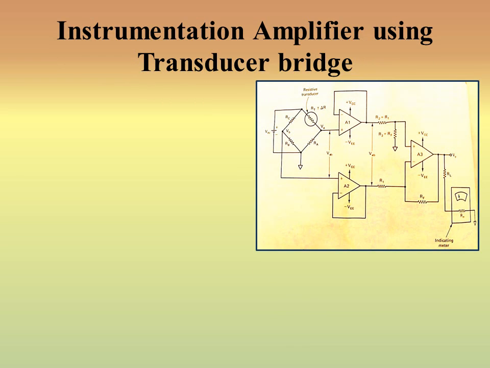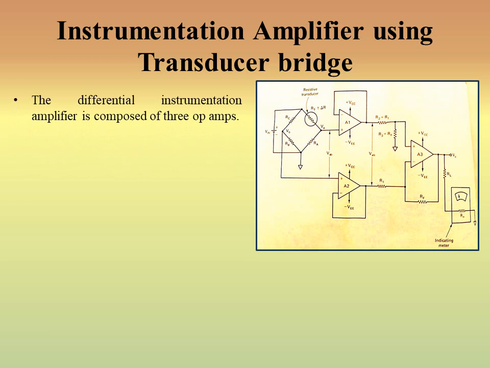Now we are taking the whole diagram. We have already discussed the bridge part, and now we'll see the differential amplifier stage. The differential instrumentation amplifier is composed of 3 operational amplifiers.